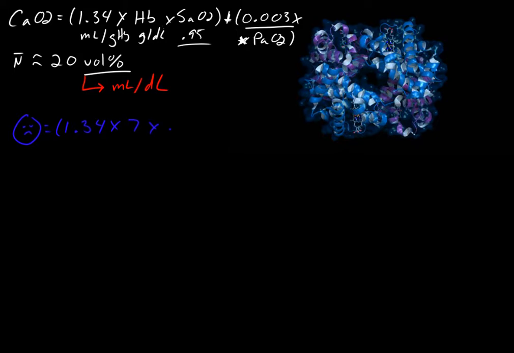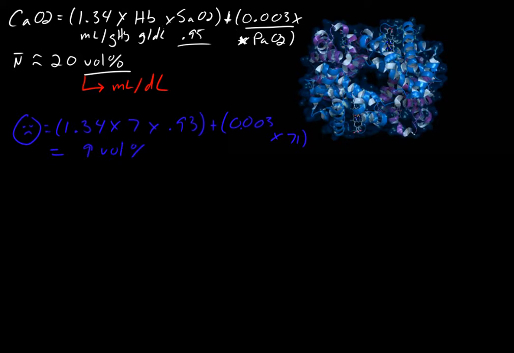And then their SaO2 is 0.93. And we'll add the solubility coefficient times the PaO2, which, we'll say, is 71. All right, so this patient has a CaO2 of 9 volume percent.